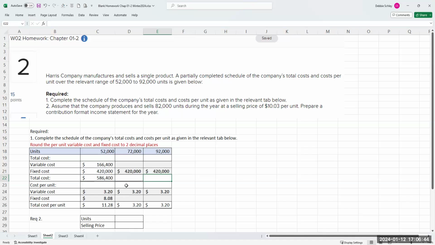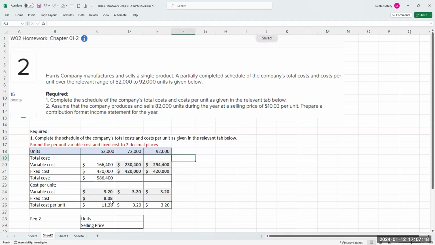Okay, now that I know that, to figure out the total variable cost, I will simply take the number of units times the variable per unit. And because I'm in Excel, I can drag that formula and again show you that it's that variable per unit times the number of units for that column. Now you see why I love putting this in Excel. It makes it so much easier.